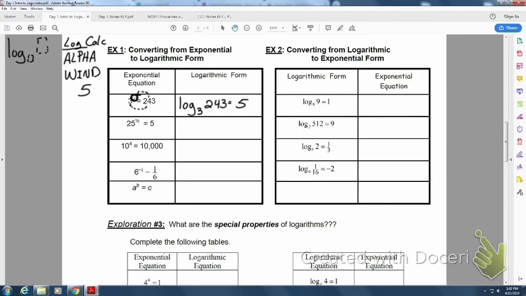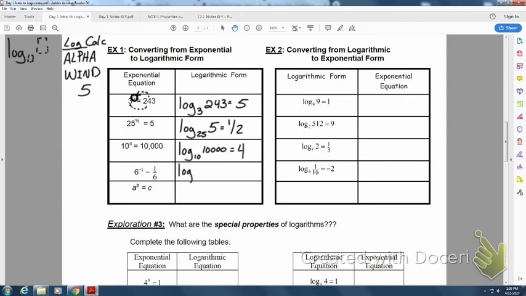So going to this one, Gabby, what would this be in log form? The next one. So what comes first always? Log base 25 of 5 equals 1/2. Awesome. Landon, the next one. Log base 10,000 of 10,000. Sam, the next one.